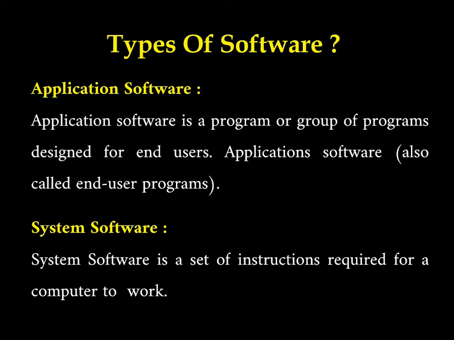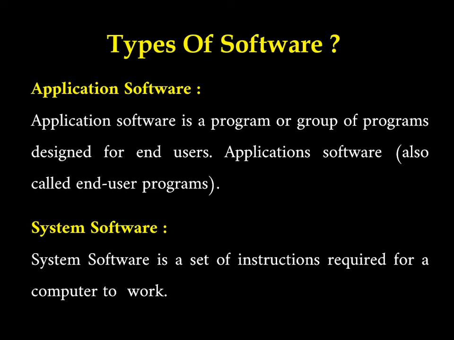If system software is not there in your computer, you have only physical components, meaning the CPU, monitor, keyboard. To put life into the computer, the system requires system software, meaning Windows or Linux or any other operating system which allows you to work on the computer.